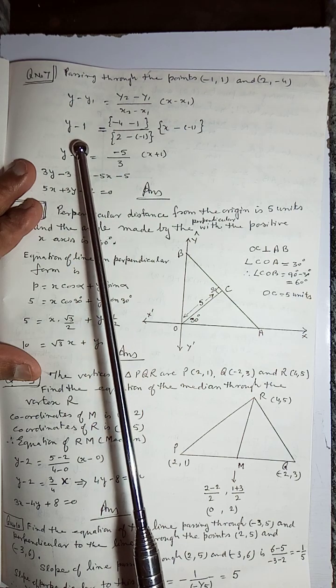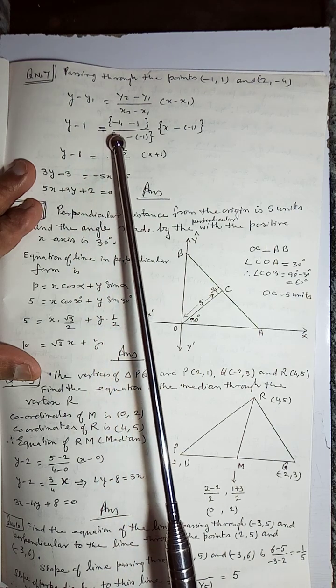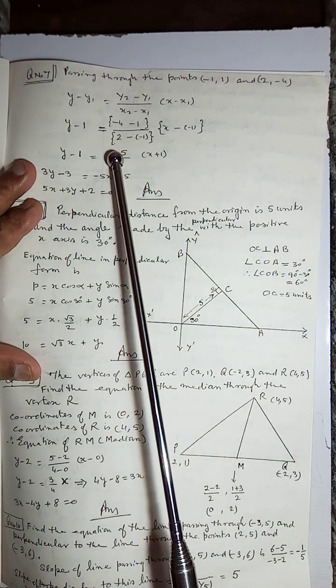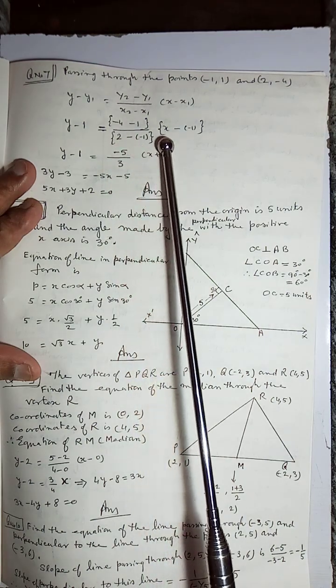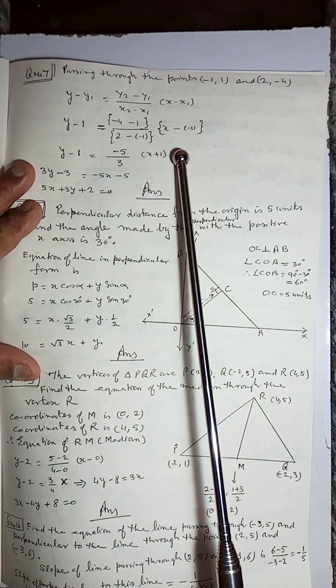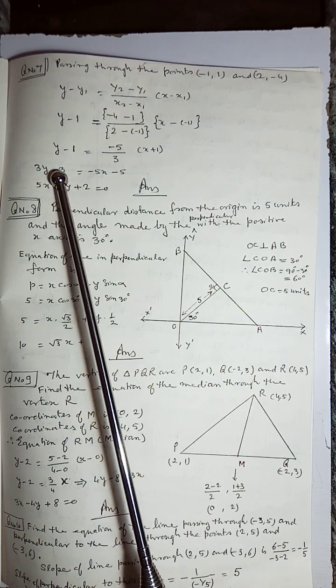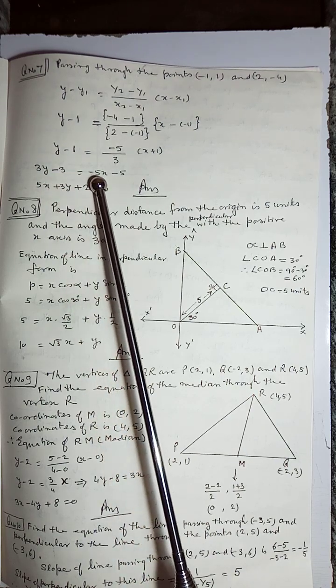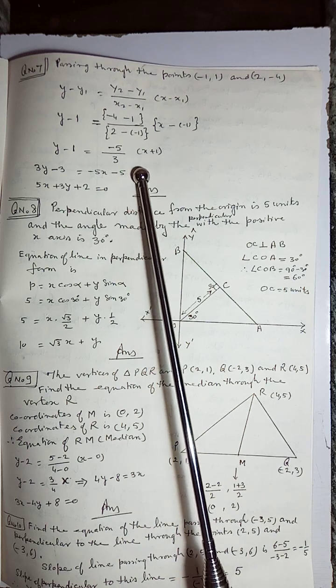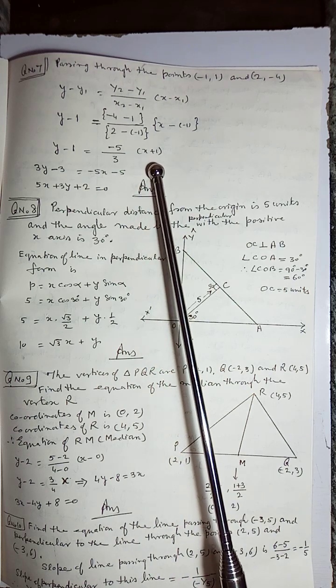y minus 1 equals (-4 minus 1) upon (2 minus -1), into (x minus -1). After solving we will get y minus 1 equals -5/3 in bracket (x plus 1).